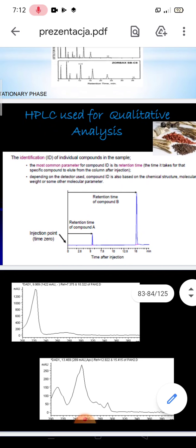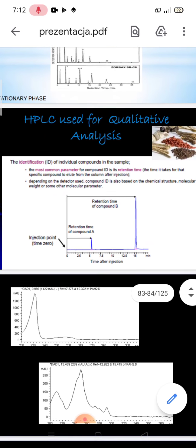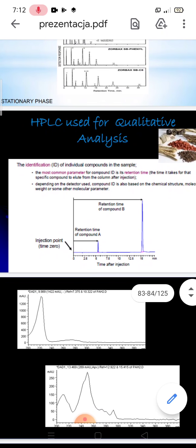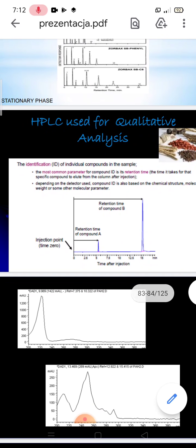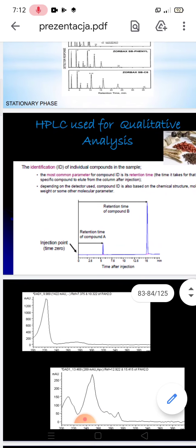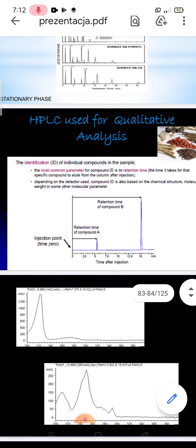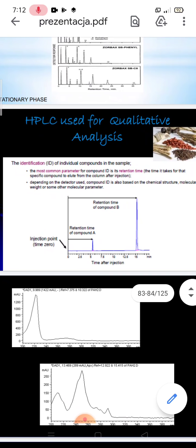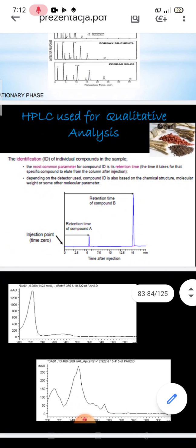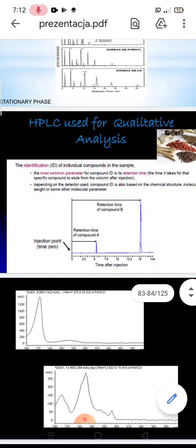For the qualitative purpose, we have to just identify the individual compounds present in the sample. The most common parameter that can be used for the identification of a compound in the sample is nothing but the retention time. And what is the retention time? That is nothing but the time it takes for a specific compound to elute from the column after the injection.